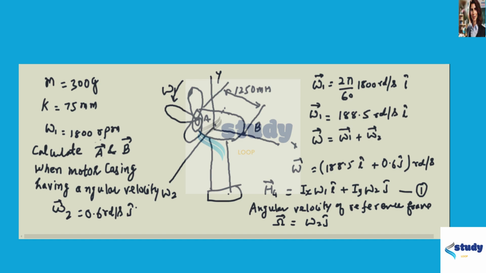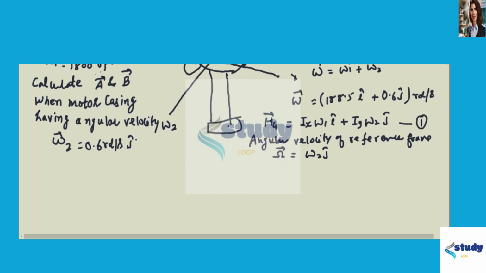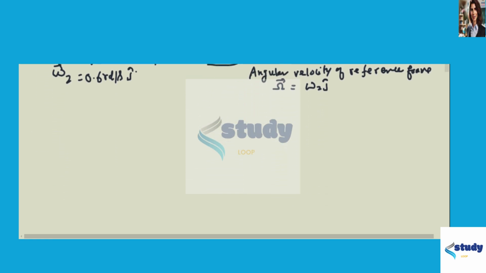So the rate of change of angular momentum about the center of mass equals the rate of change of momentum about the reference frame plus omega cross the angular momentum of the system about the center of mass.